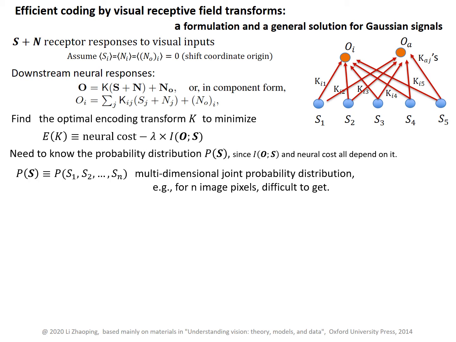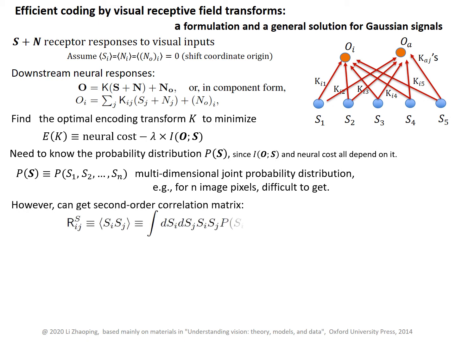However, we can more easily get another statistical property of the input signal, and this is its second order correlation matrix. This matrix is denoted as Rs.